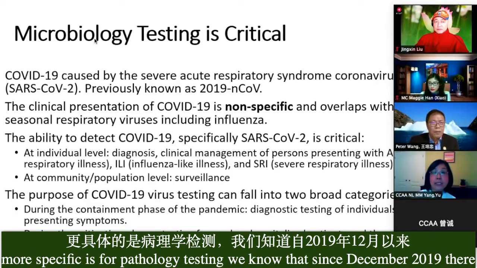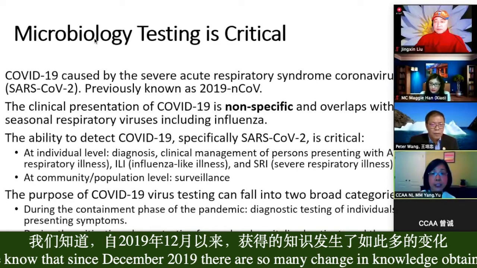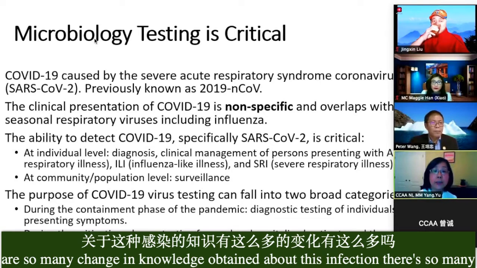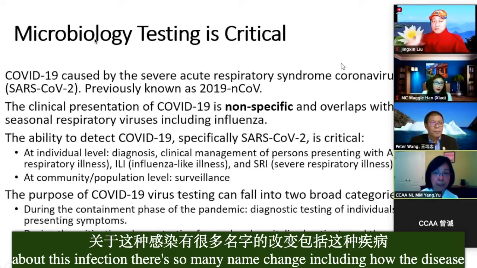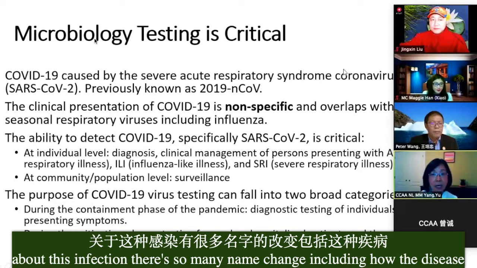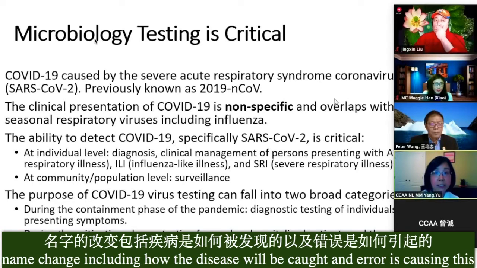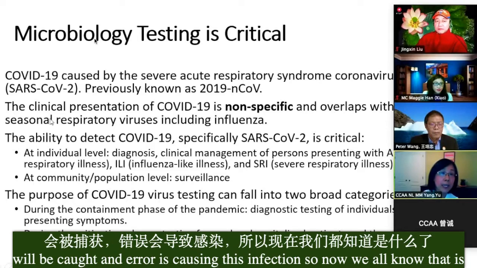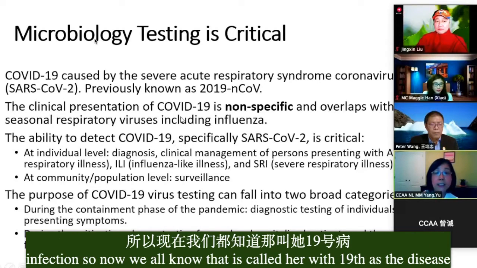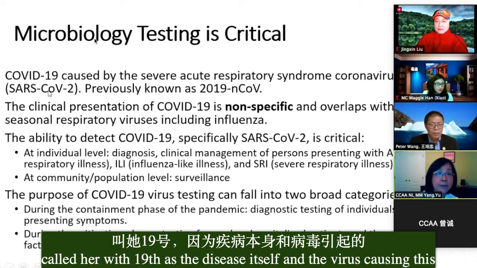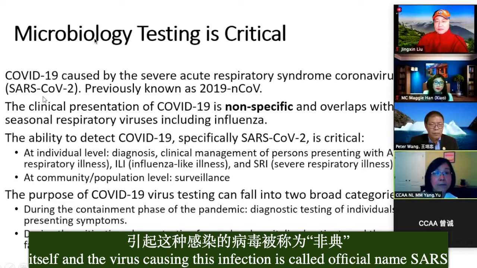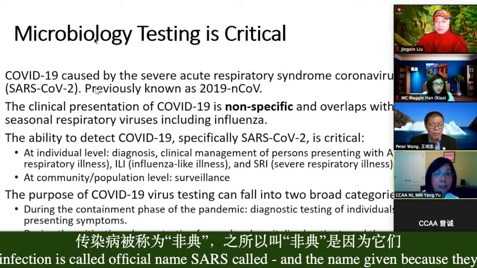We know that since December 2019, there have been so many changes and knowledge obtained about this infection. There have been so many name changes, including how the disease would be called and the virus causing this infection. So now we all know that it's called COVID-19. That's the disease itself. And the virus causing this infection has the official name SARS-CoV-2.